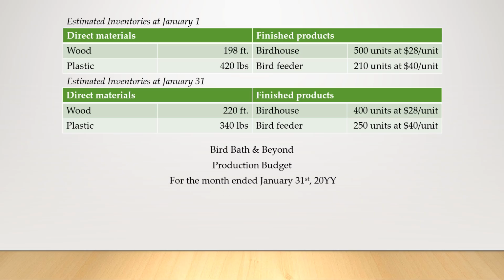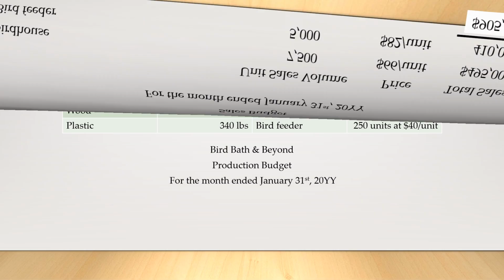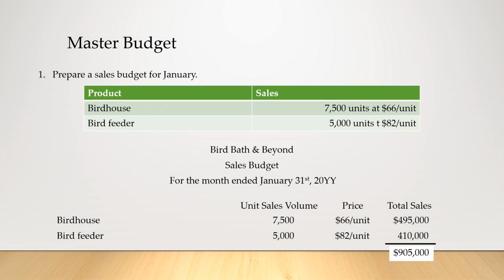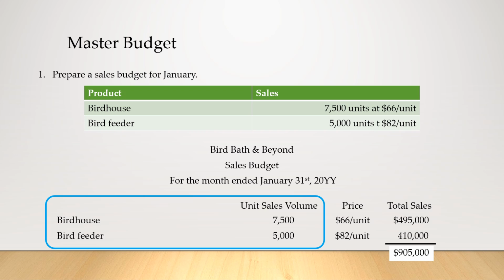You'll find a space for building the production budget at the top of page 6. The starting point for the production budget is the budgeted sales volume, which you can find either in our sales budget or in the corresponding table.